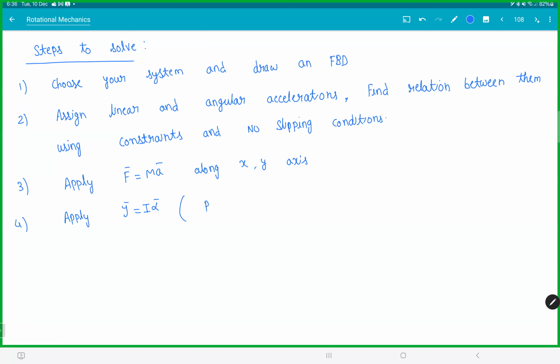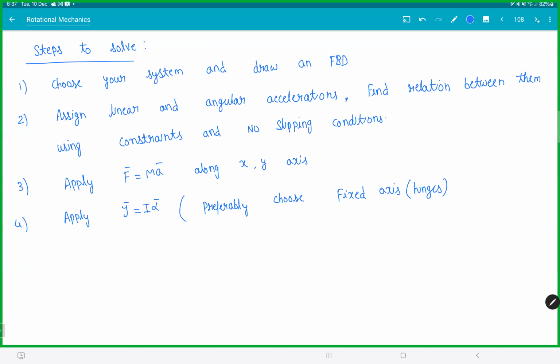Preferably, choose the hinges, right? Basically, you can say fixed points, fixed axis. Generally, hinges which are supporting to the ground.